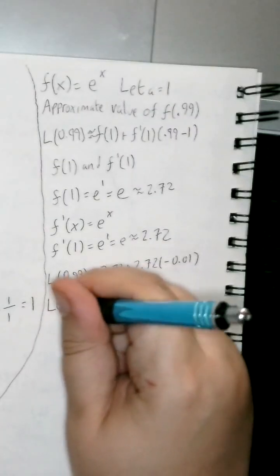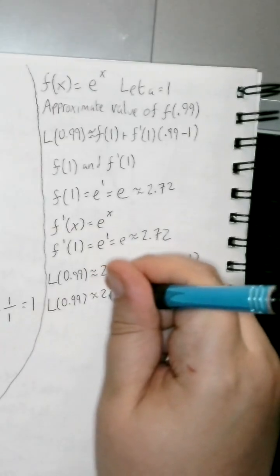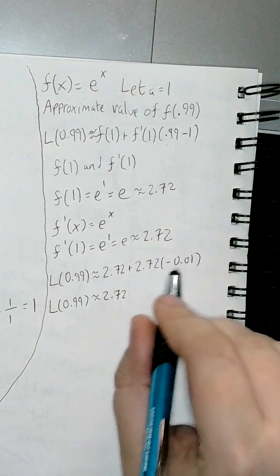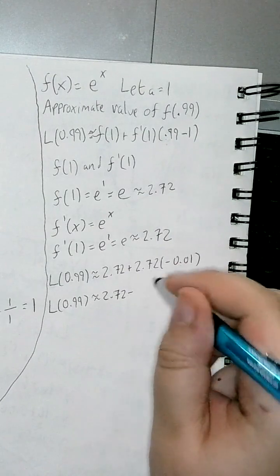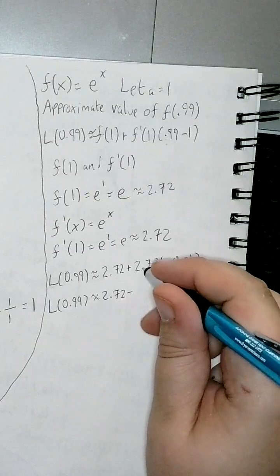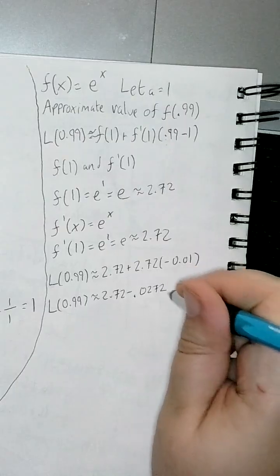So this is going to be approximately equal to 2.72 minus, right, because negative times positive is negative. Move the decimal place twice to the left, so that's going to be 0.0272.